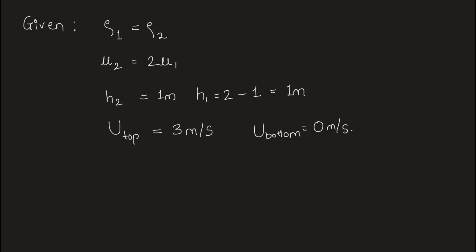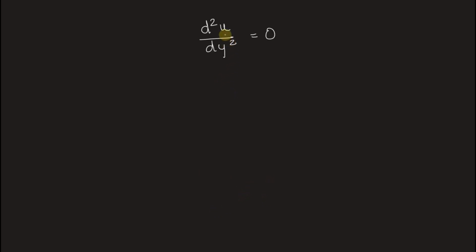Now after the assumptions are applied to Navier-Stokes momentum equation, we are being given the simplified momentum equation, which is d square u by dy square is equal to 0. Now our aim is to obtain velocity profile u, because we want to know how the velocity varies in the fluid. So we will integrate the momentum equation.